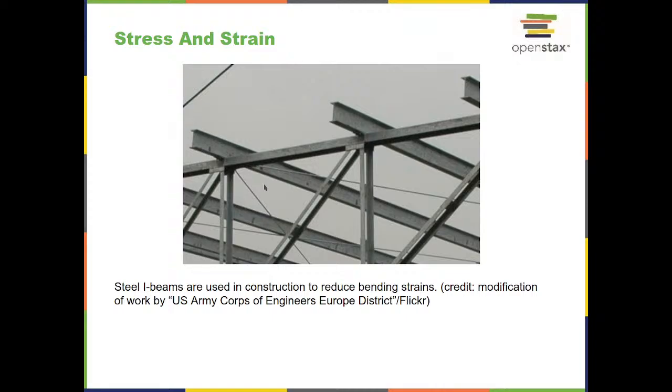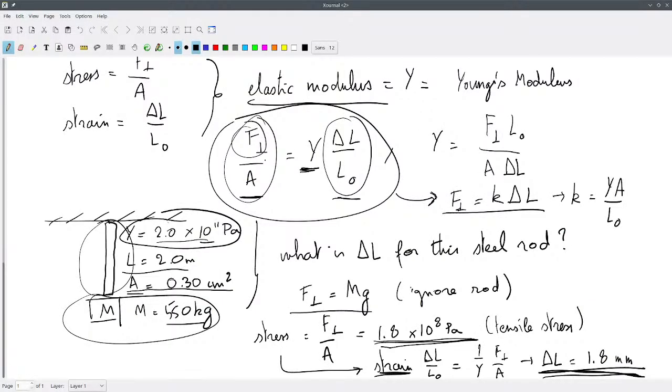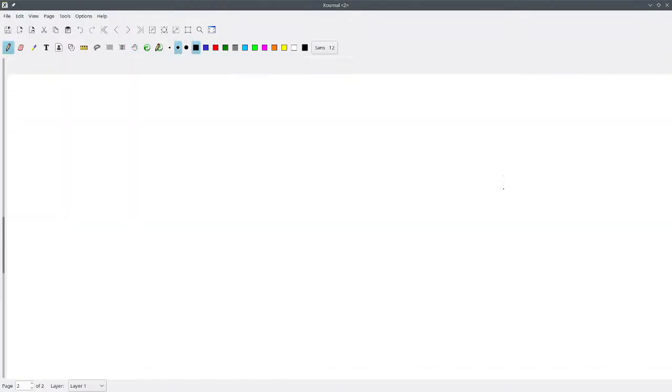So if we look at these I-beams, what we're trying to do when we use I-beams is prevent bending. So instead of using a rectangular rod, what we're using is a rod that looks like this.